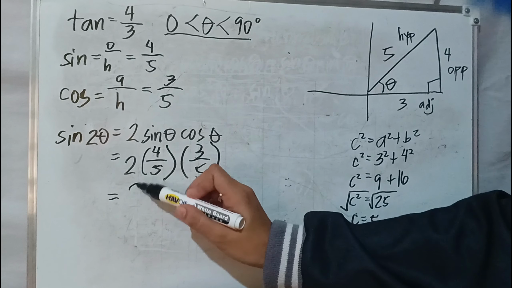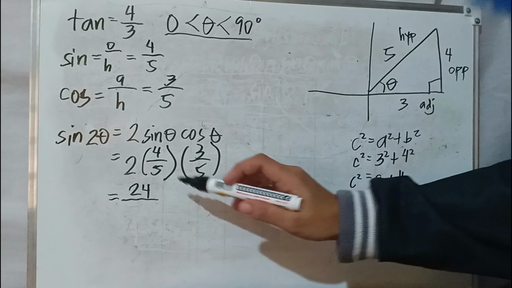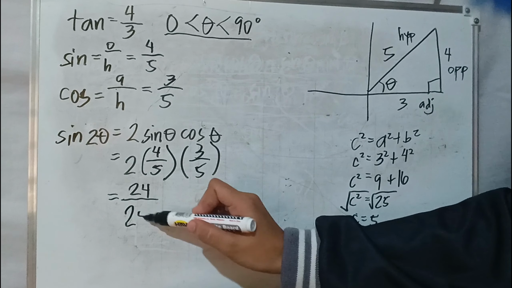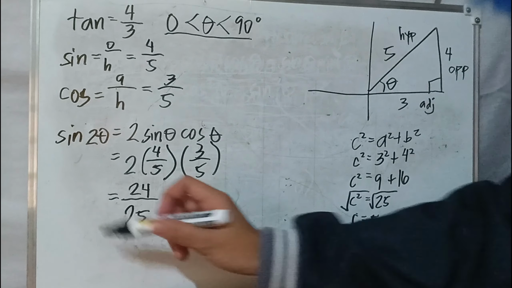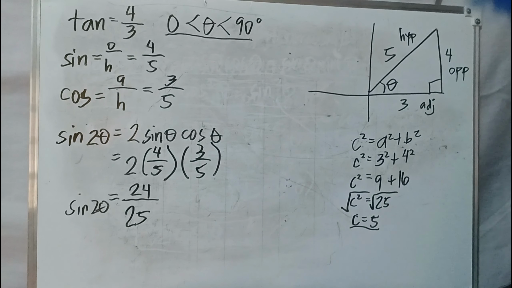So, 2 times 4 times 3 is equal to 24. And 5 times 5 is equal to 25. So we have here the value of sine 2 theta, which is 24 over 25.